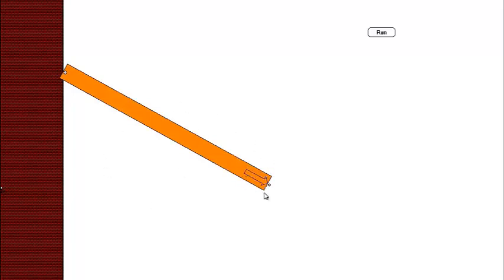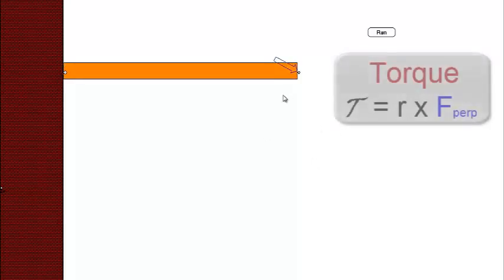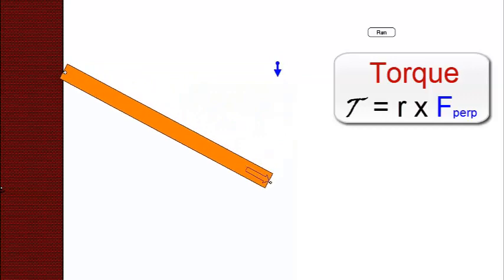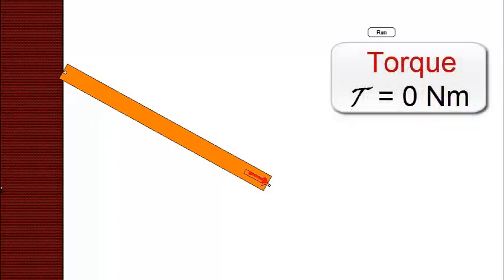So when the force is in this position, its torque is 0. So it started with a torque. There was a component perpendicular to the beam at the top, but it ended in a direction that's exactly parallel to the beam, and the beam no longer rotates.